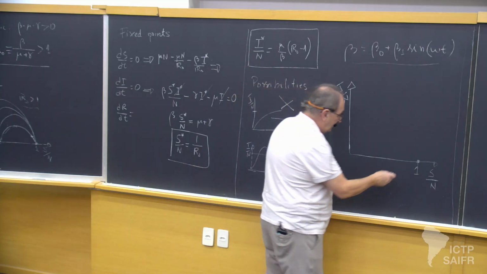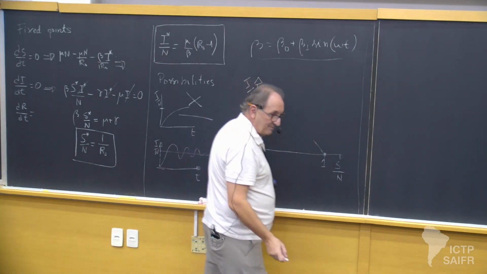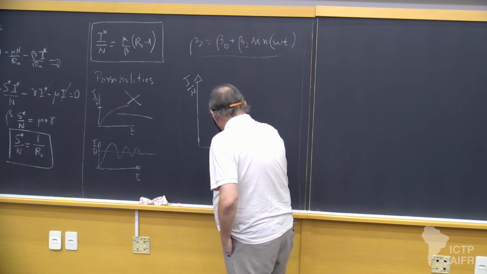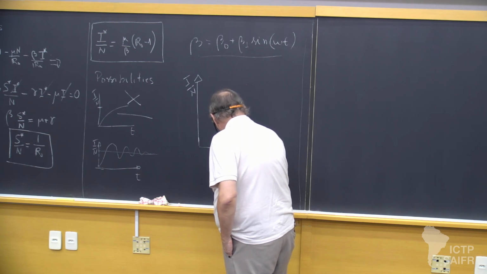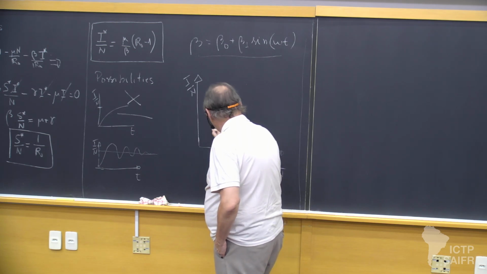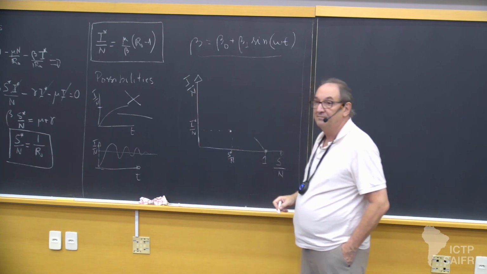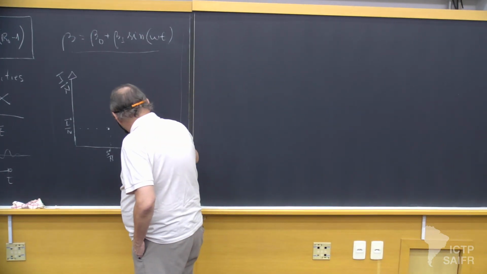So you will have something which increases, but it has to go to a fixed point. So this is S star over N, and I star over N.